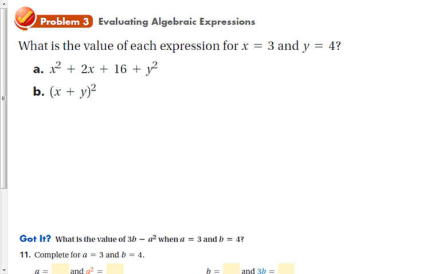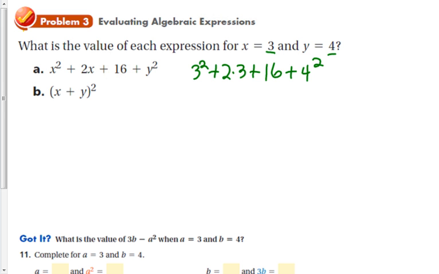All right, to evaluate an algebraic expression, we need to replace the variables with values and then simplify. So if we're going to do A here, we're going to put 3 where we see an x and 4 where we see a y. So I'm just going to rewrite that. We get 3 squared plus 2 times 3 plus 16 plus 4 squared. Now I'm going to use the order of operations.